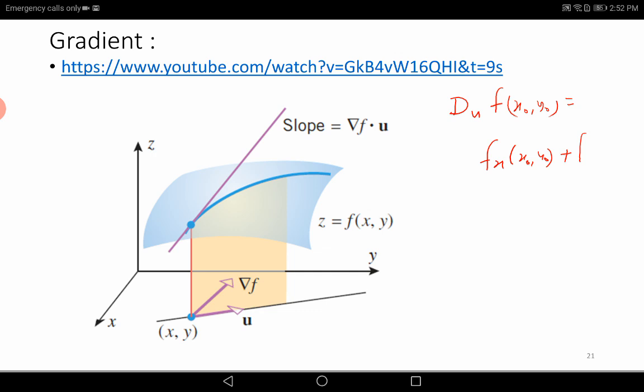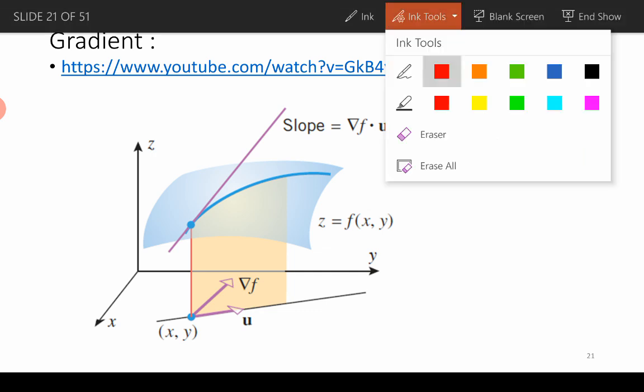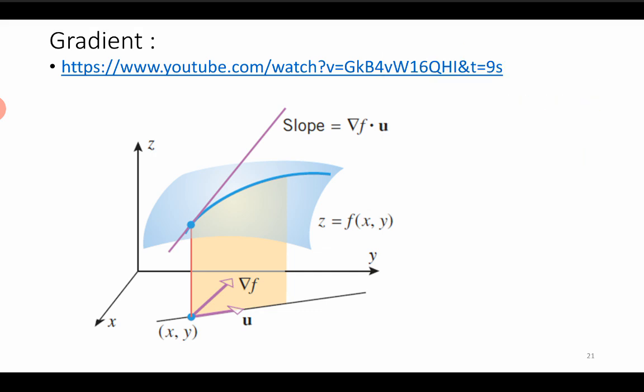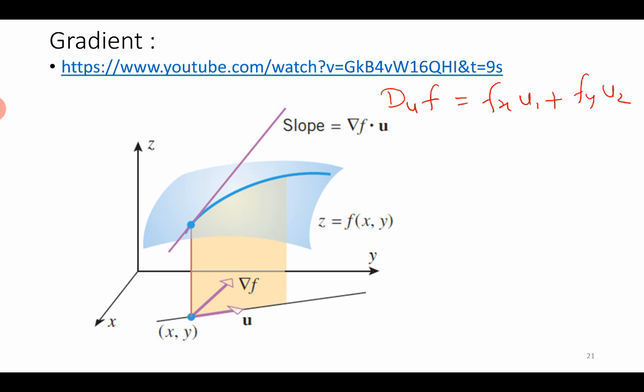I'm sorry, I need a slight modification here. Simply, you write D_u f is f_x u1 plus f_y u2. This is actually the directional derivative. Well, this can be expressed as the dot product of two vectors. This sum of products can be expressed as the dot product of two vectors.